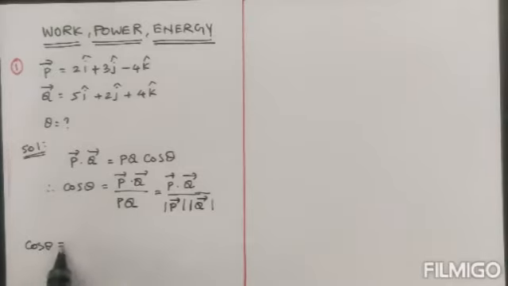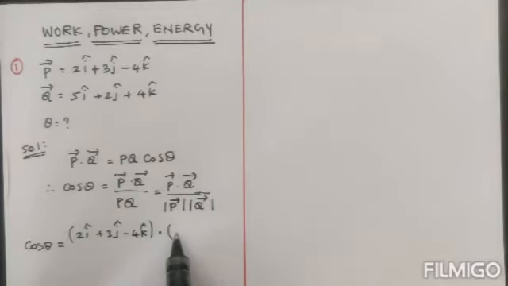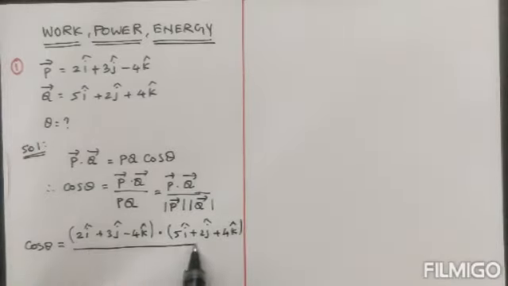Therefore, cos theta is equal to P vector, 2 i cap plus 3 j cap minus 4 k cap, dot Q vector, 5 i cap plus 2 j cap plus 4 k cap, divided by the modulus.